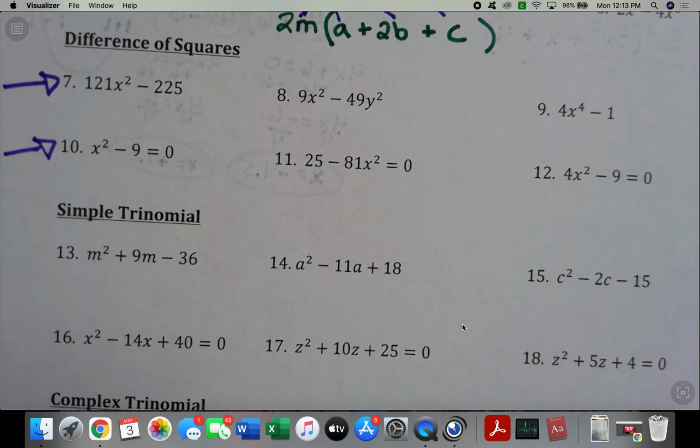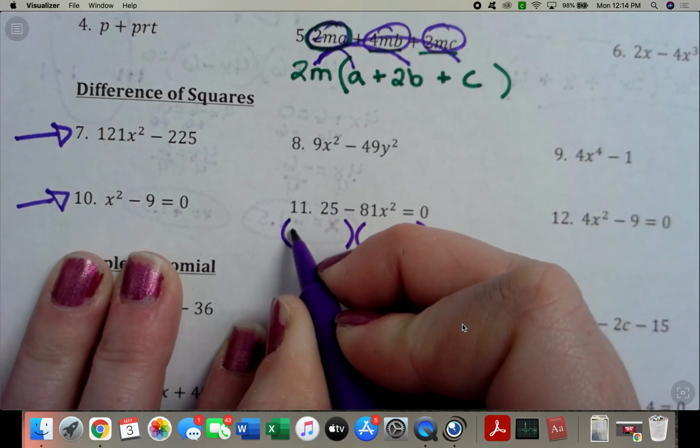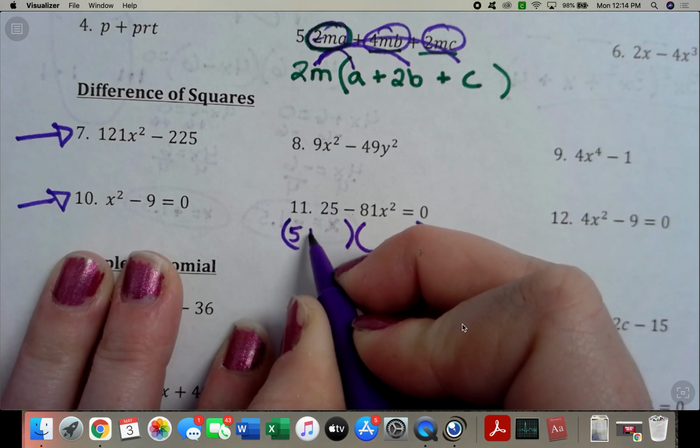The hardest part is setting it equal to 0 on all of it. Really? Why? Okay, which one are you on? 11. Okay, what'd you get for your 2 pieces? 5 plus 9x and 5 minus 9x.